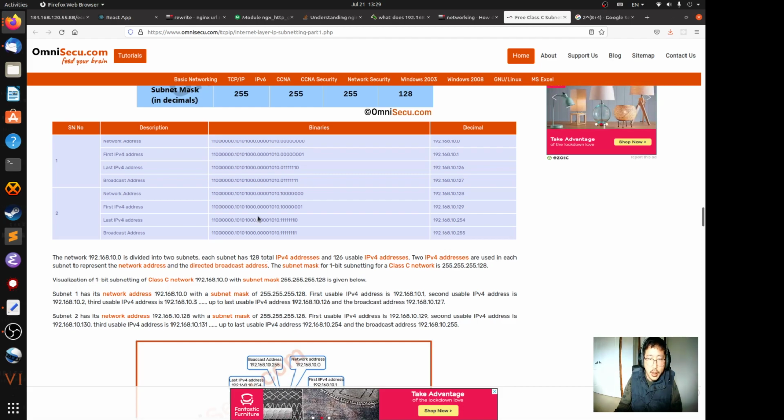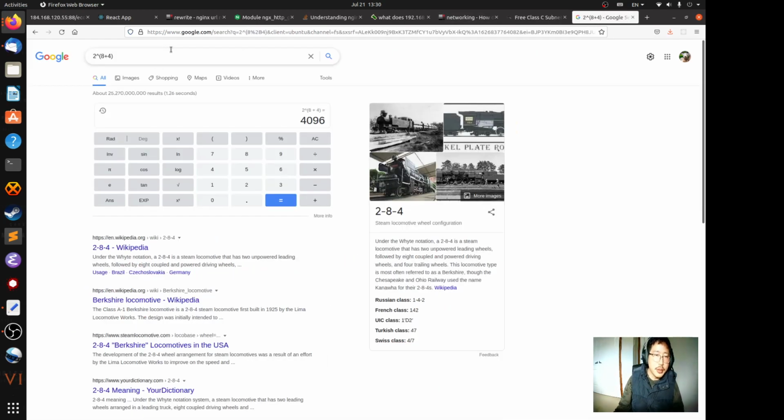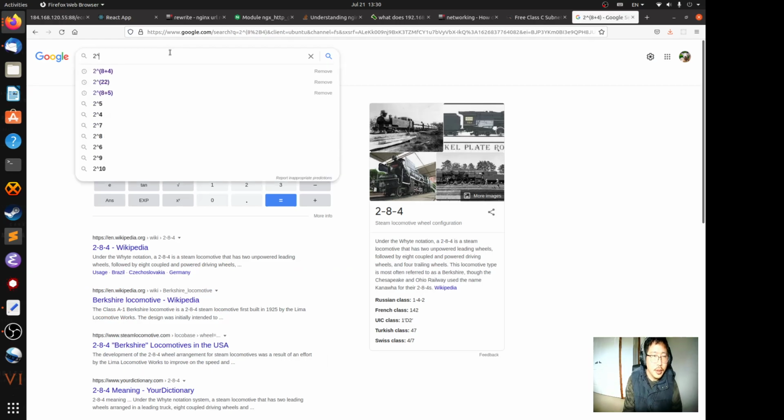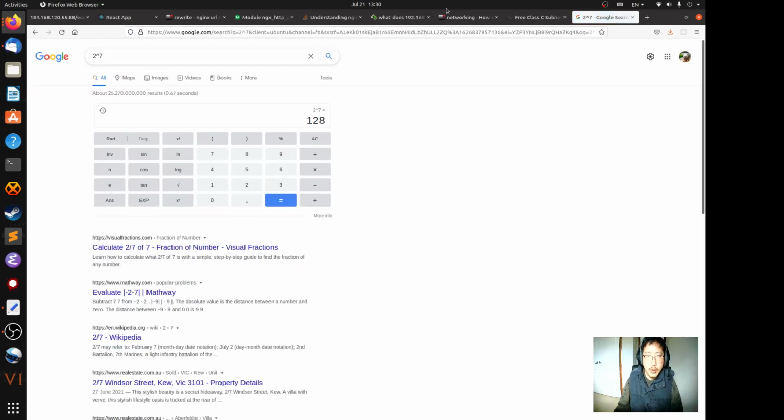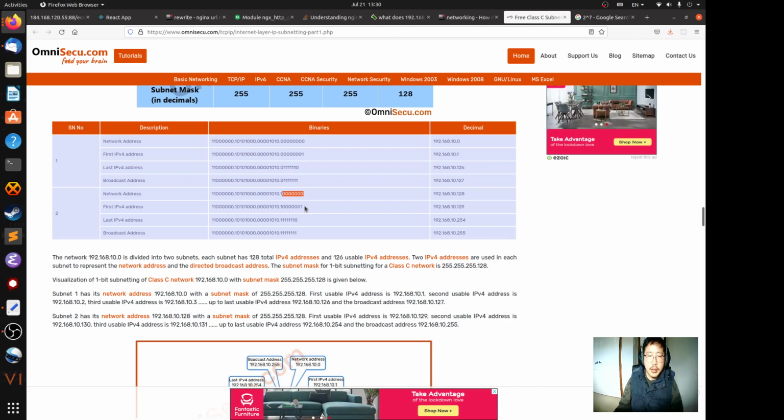How do we know that? Well, here, how many host portion? 7 bits, right? So just 2 to the power of 7, 128. So there's far less number of hosts per subnet in class C as compared to class A or class B. So it's more restrictive in the number of networks and also number of hosts per network.